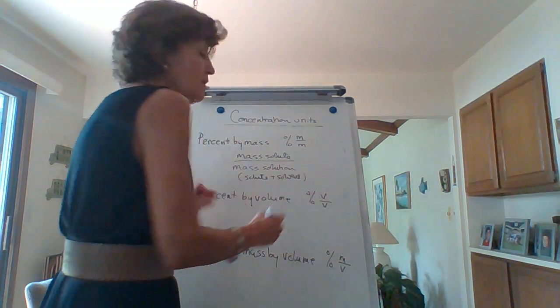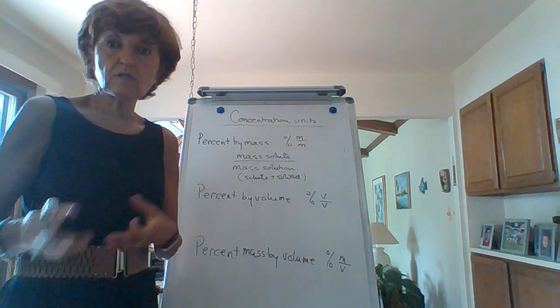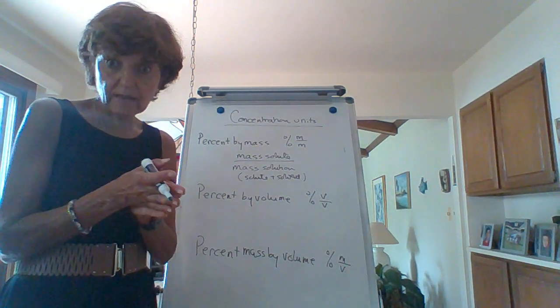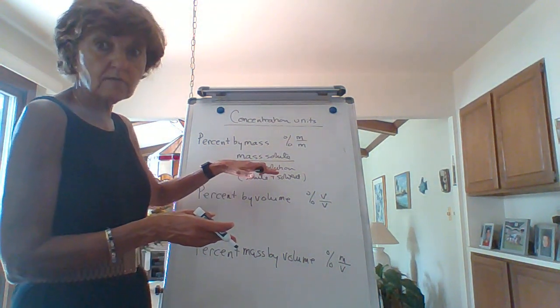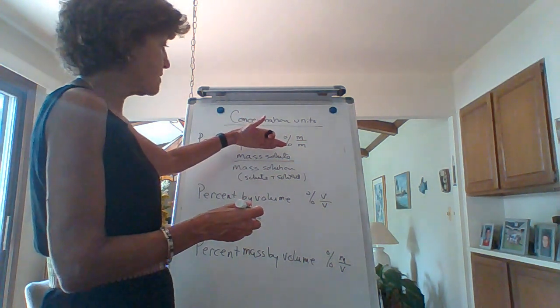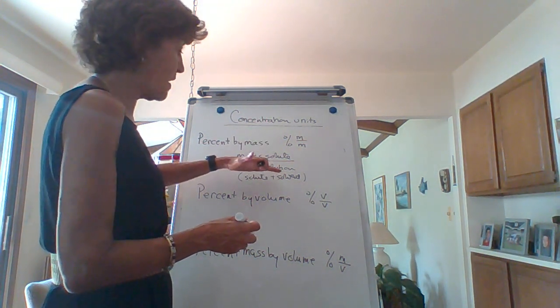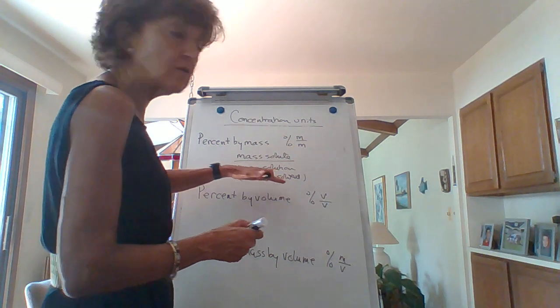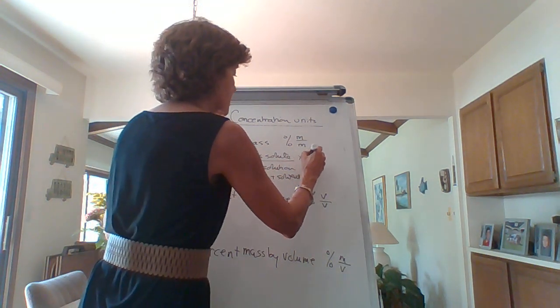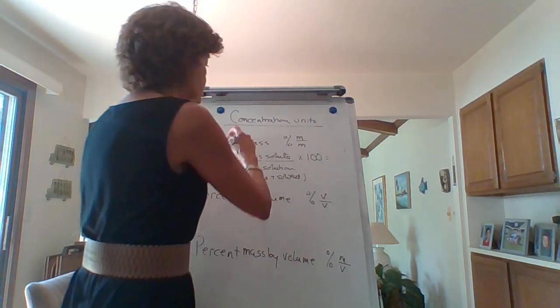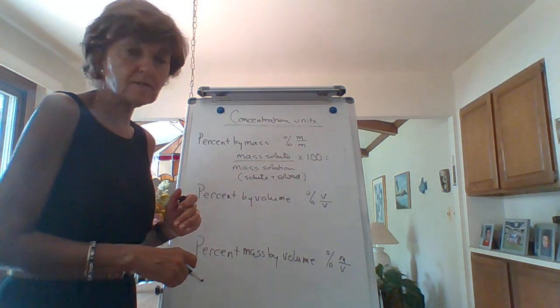So if the problem gives you the mass of the solute and the solvent separately, you have to add them together to get the mass of the whole solution. So you put the mass of the solute on the top, you put the mass of the solution in the denominator, times 100, and that gives you the percent by mass.